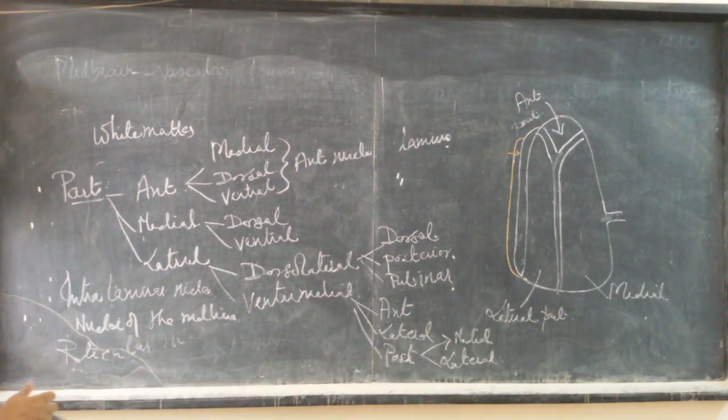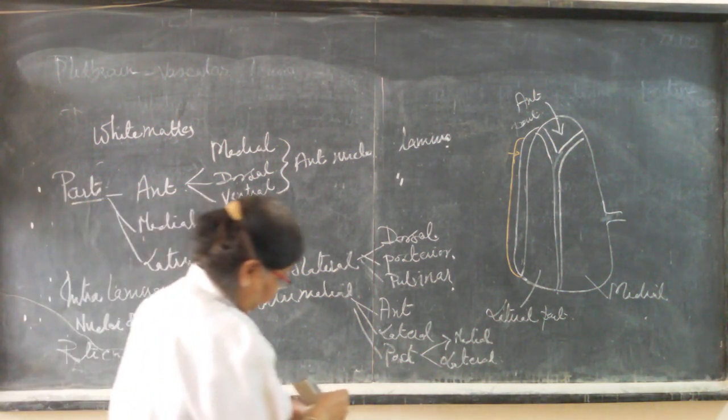And then besides these nuclei, there is another set known as the medial geniculate nucleus and lateral geniculate nucleus.